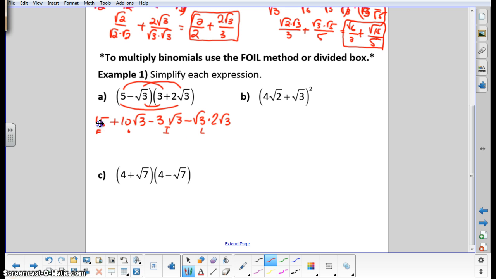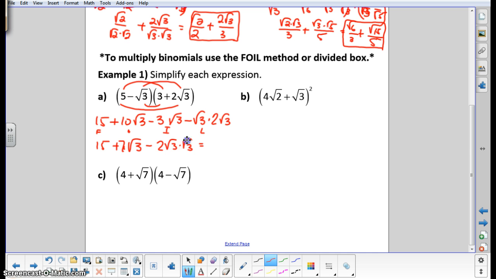So let's do some simplification. 15 plus 10 root 3 minus 3 root 3 is 7 root 3. And I'm going to do a little bit of rearrangement here. I'm going to pull the 2 in front, and then that's root 3 times root 3.